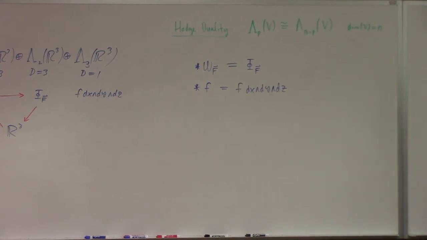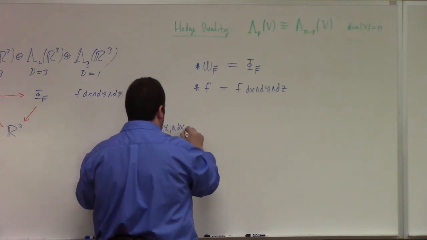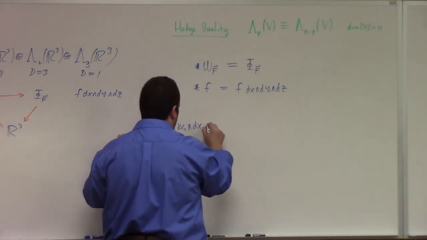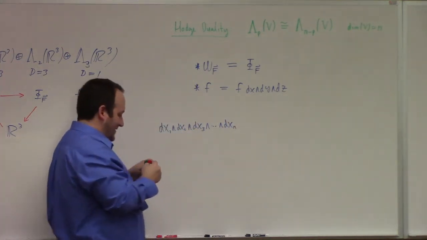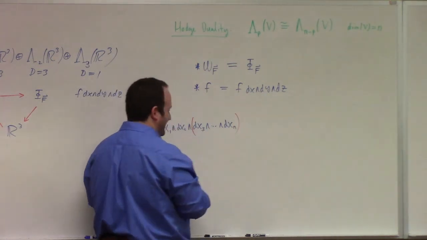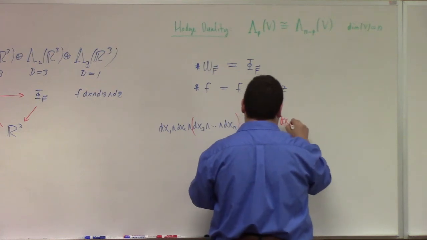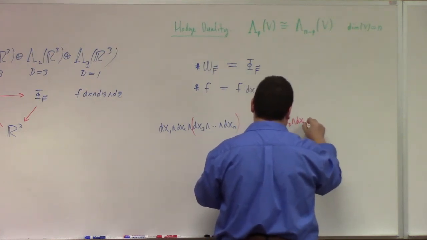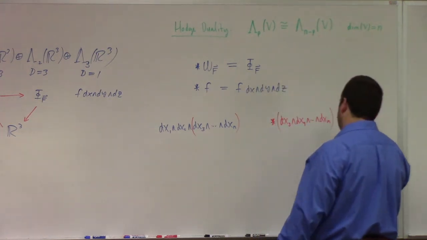If you're talking about Hodge duality with respect to the Euclidean metric, you can just look at the list. Here, I can show you how to do it. If I have dx1 wedge dx2 wedge dx3 wedge ... wedge dxn, and I ask you to find the Hodge dual of this, guess what it is?